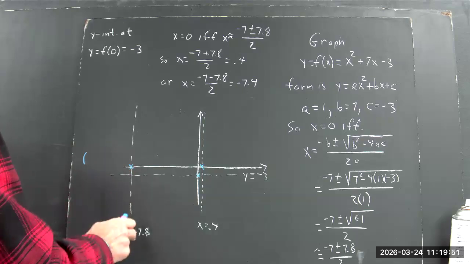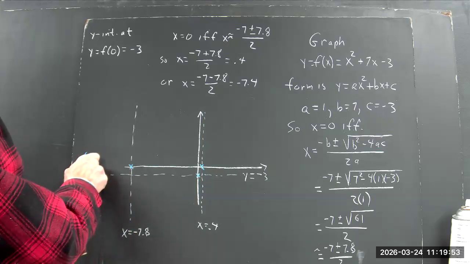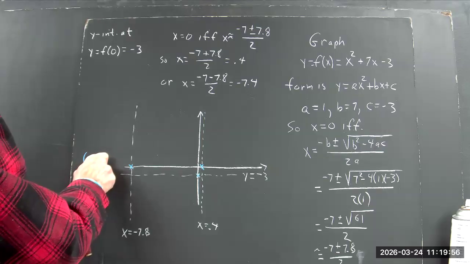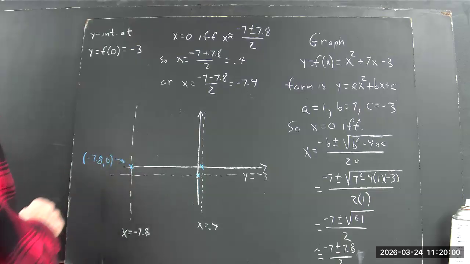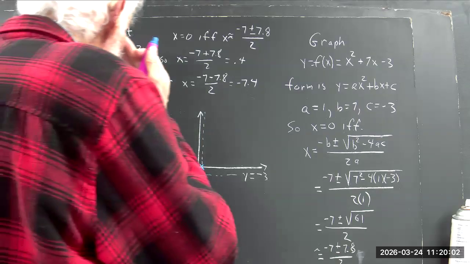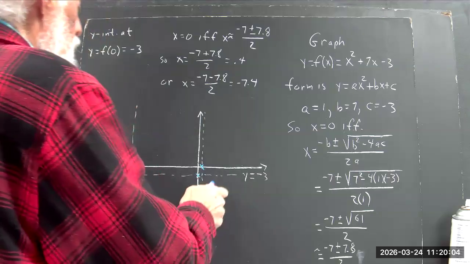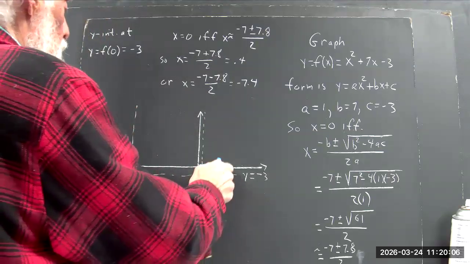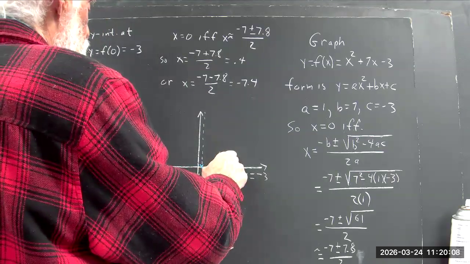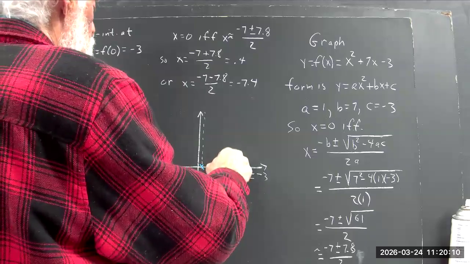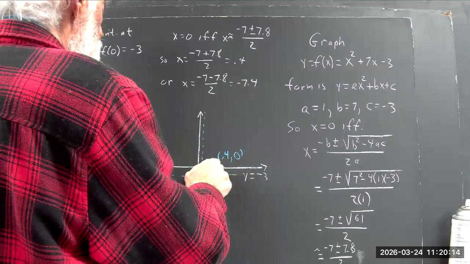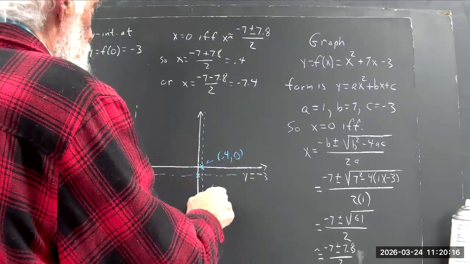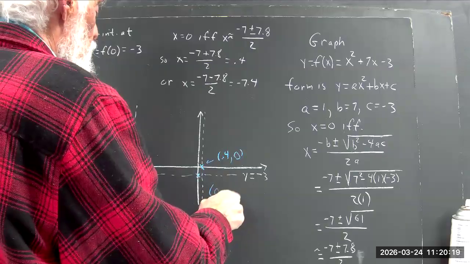The point I've got on the x-axis at negative 7.8 is, of course, negative 7.8, 0. And the point I have at x equals 0.4 is 0.4, 0. And the y-intercept is 0, negative 3.